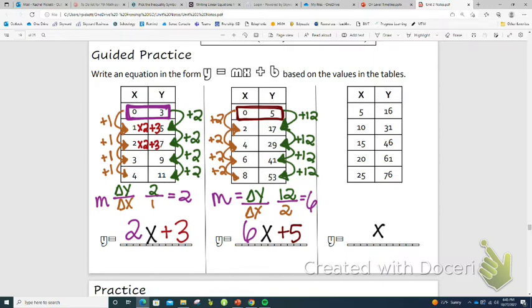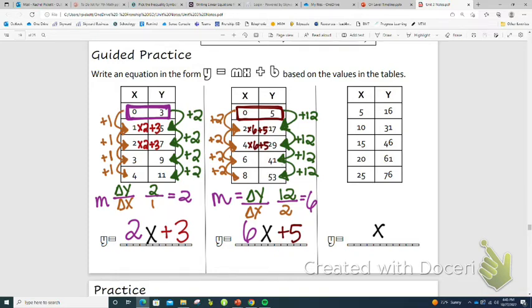If I do 2 times 6, that's 12, plus 5 is 17. If I do 4 times 6, that's 24, plus 5, that is 29. So it works both ways. It's just a little bit easier if it tells you x is 0, then you know whatever y is your bonus. Let's do one more question.